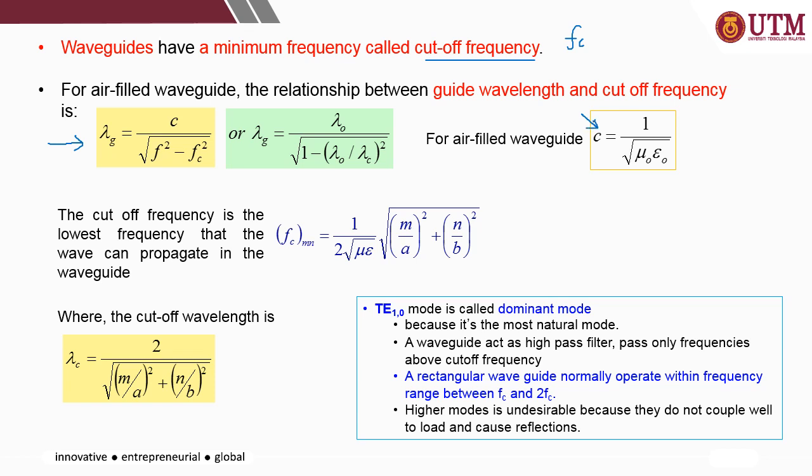If you have a different medium between the metallic walls, then c will be different, depending on the permittivity of the material and also the permeability. The cutoff frequency is the lowest frequency at which the wave can propagate within the waveguide.